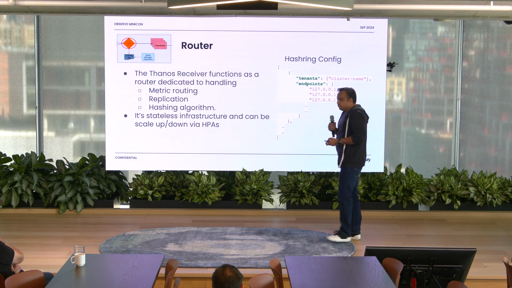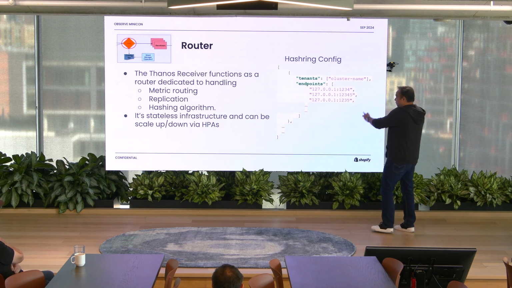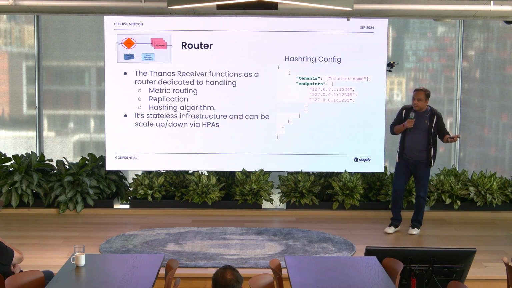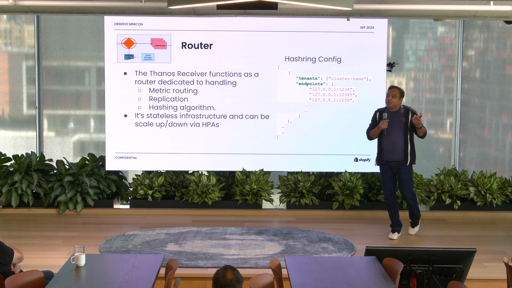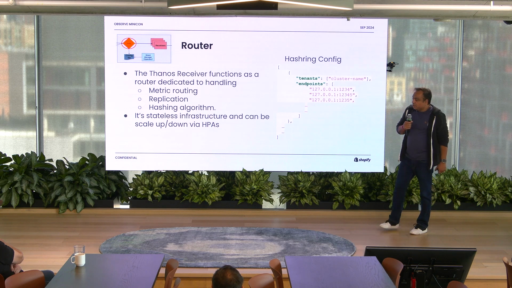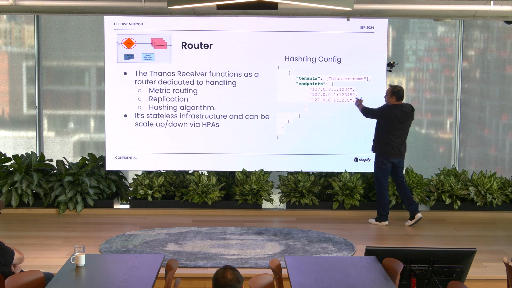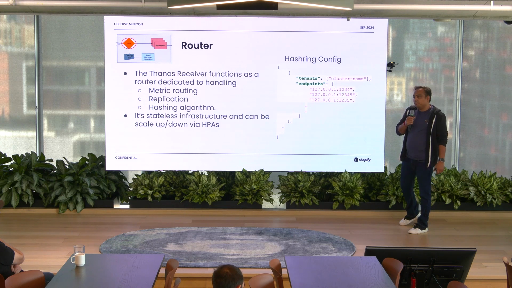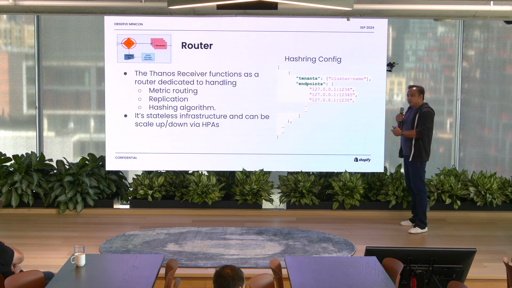All these three pieces of information are supplied by the hash ring configuration, which is typically looked up by tenant name. The tenant, in our use case, is the Kubernetes cluster name.